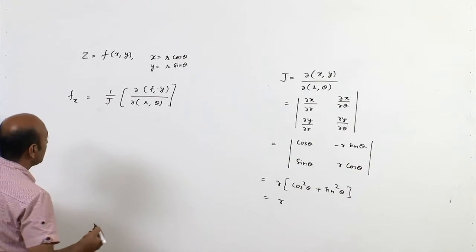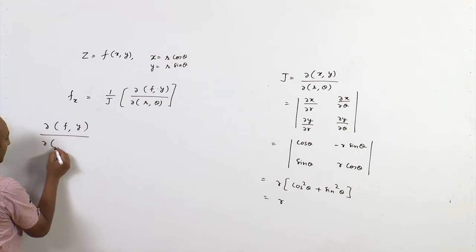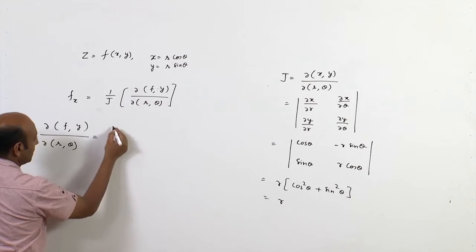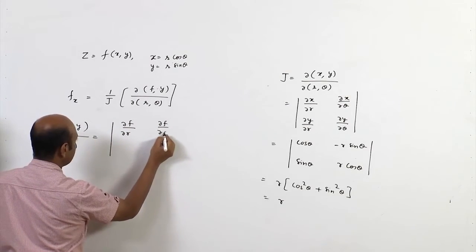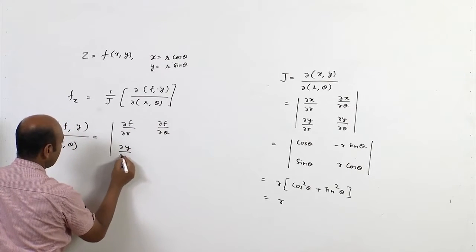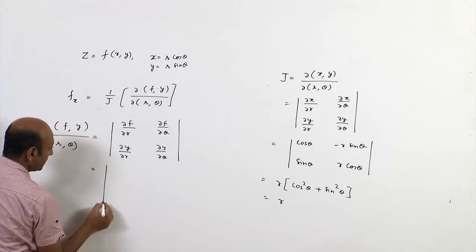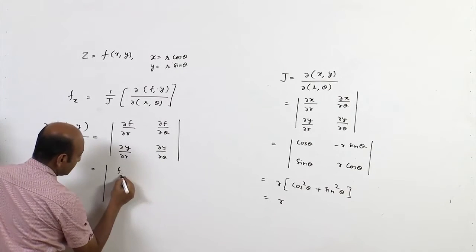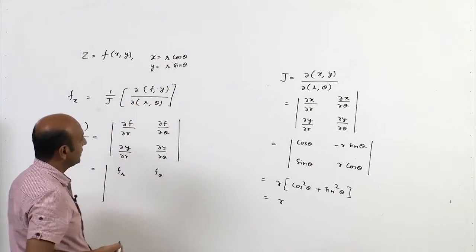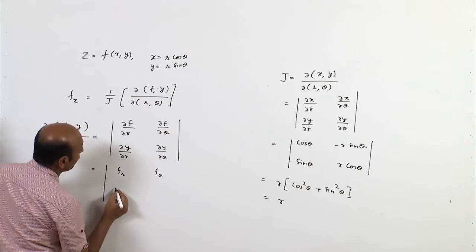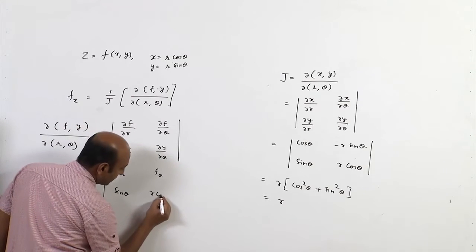Okay. Now, what is del of fy upon del of r theta? It is the determinant of del f upon del r, del f upon del theta, del y upon del r, del y upon del theta, which is equal to the determinant of fr, f theta remain as they are, and del y by del r from here is sin theta, and del y by del theta is r cos theta.